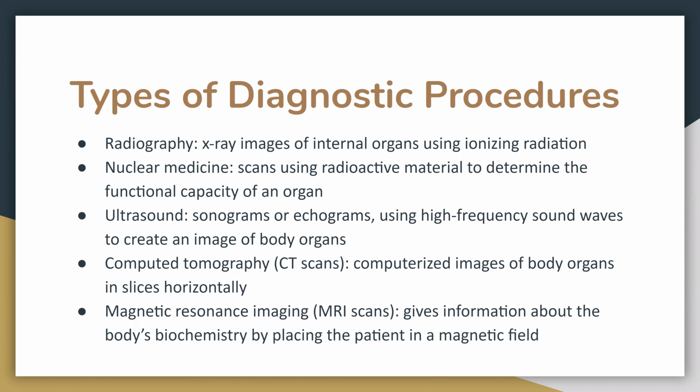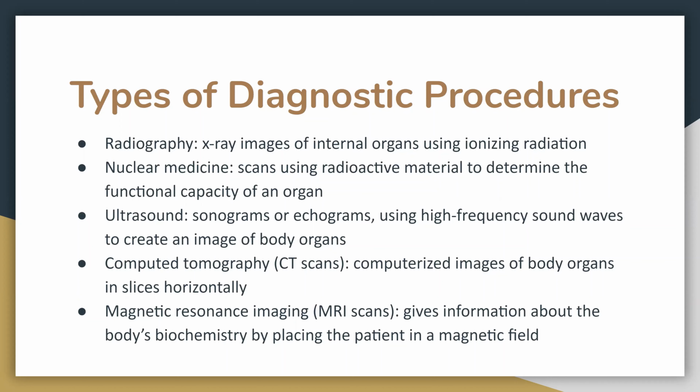Now let's look at some types of diagnostic procedures. So you can have radiography, and that's X-ray images of the internal organs using ionizing radiation. Nuclear medicine scans are scans using radioactive material to determine the functional capacity of an organ. You can have an ultrasound, which is a sonogram or echogram, using high-frequency sound waves to create an image of body organs.